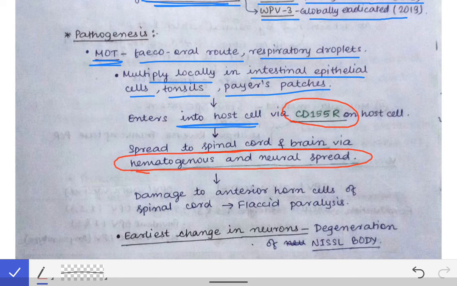In rabies we have seen that the spread of the virus occurs via retrograde axonal transport along the neurons, but here the spread to the spinal cord and the brain is by hematogenous and neural spread, both.